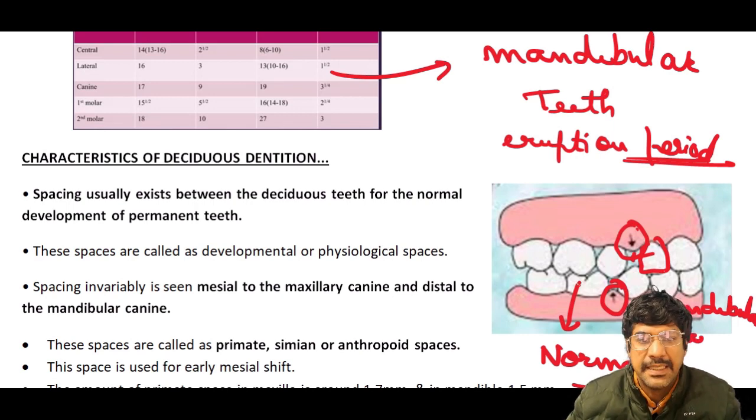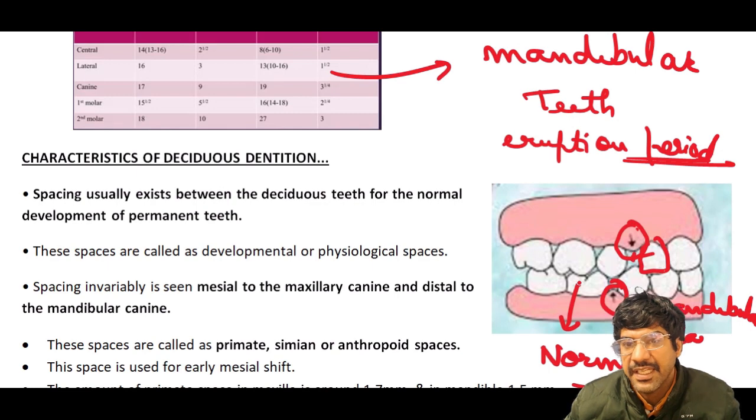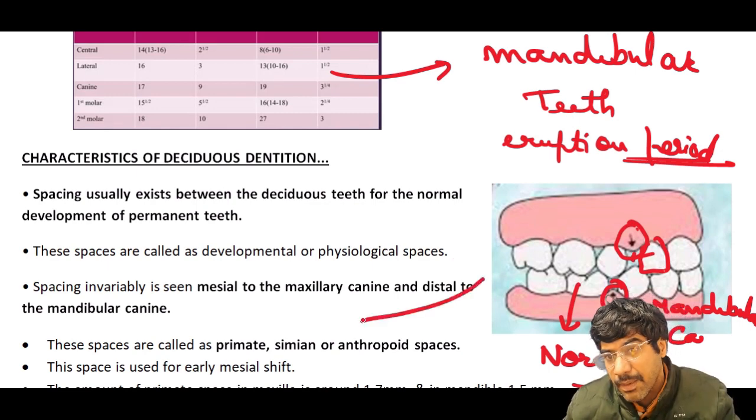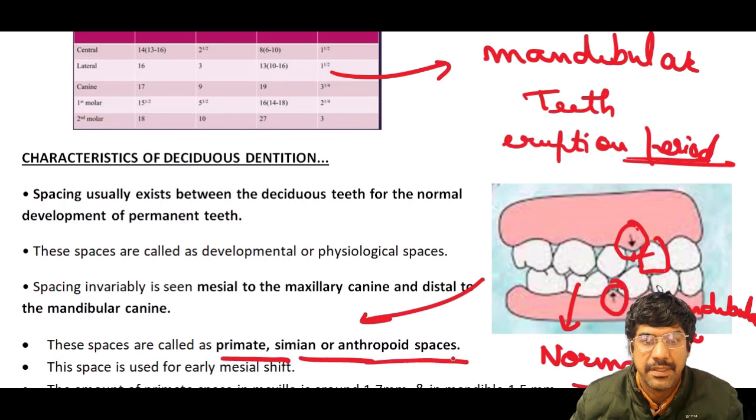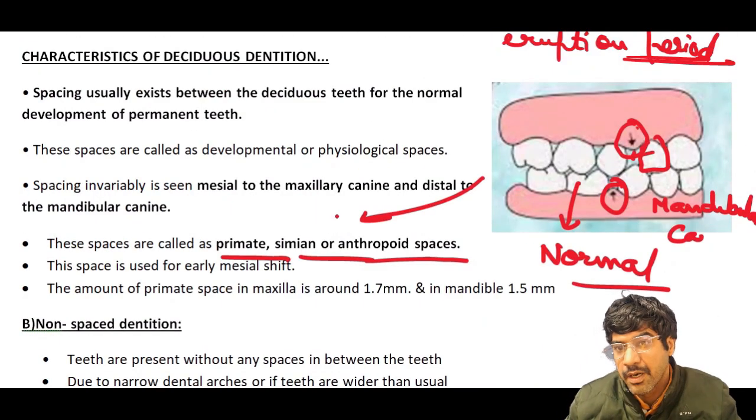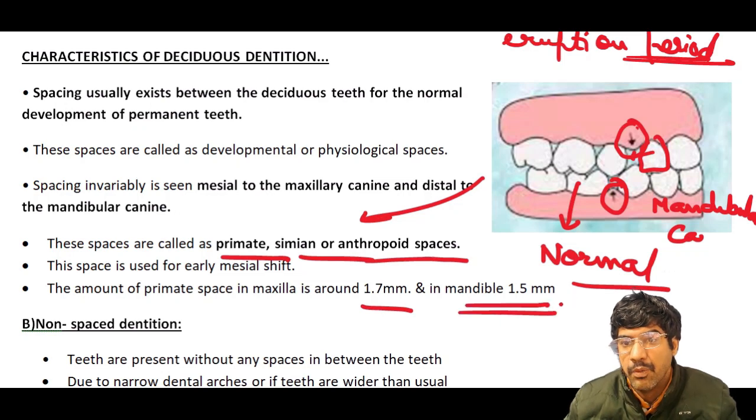For the maxillary region, it's mesial to the canine, and for the mandibular, it's distal to the mandibular canine. These spaces are also known as primate spaces, simian spaces, or anthropoid spaces. They are around 1.7 mm in the maxilla, and in the mandible, around 1.5 mm.